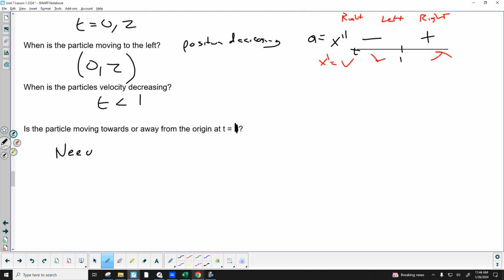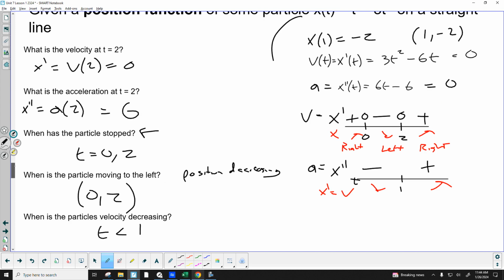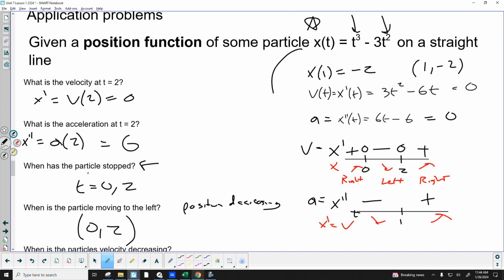You need to know your location and how it's changing. What is your position at time 1? Well, go back to your position, your F equation, and you get -2.